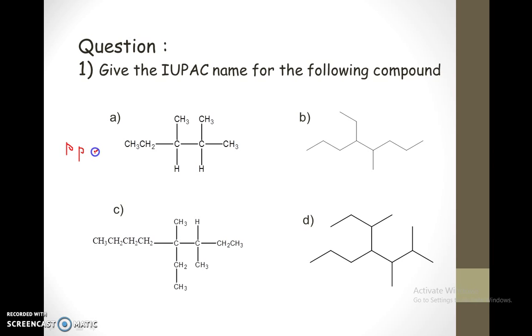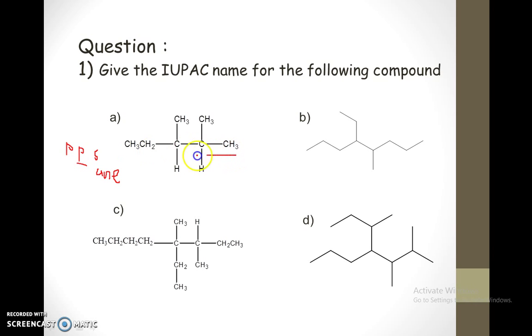Since A, B, C, D are all alkane compounds, make sure you put the A and E at the end of the organic compound. Alright, so P refers to the longest carbon chain.